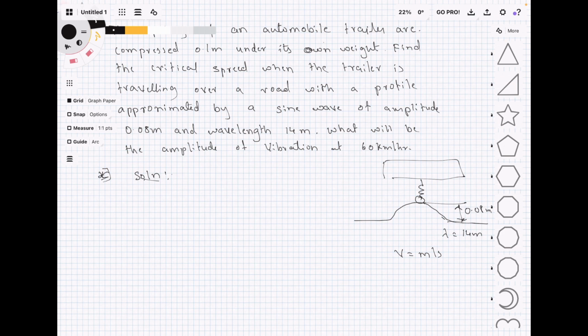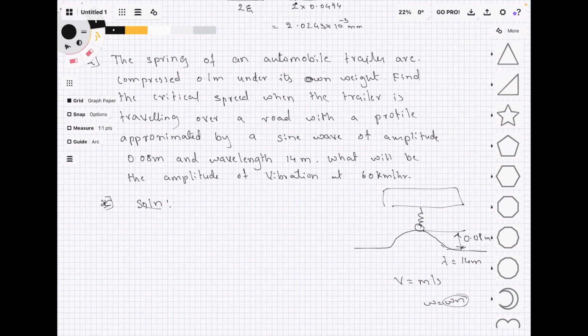For that, omega will be equal to omega n. So we need to find out the omega n value first. The spring is getting compressed under its own weight, that is the trailer's own weight. For that case, the omega n formula will be equal to square root of g by delta.